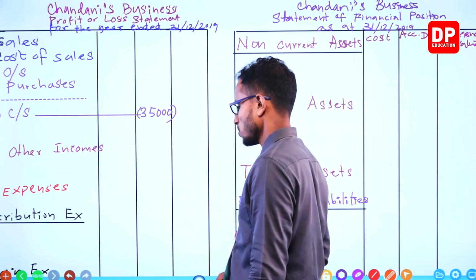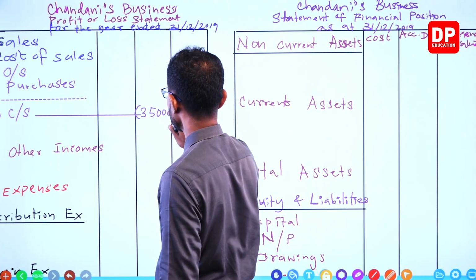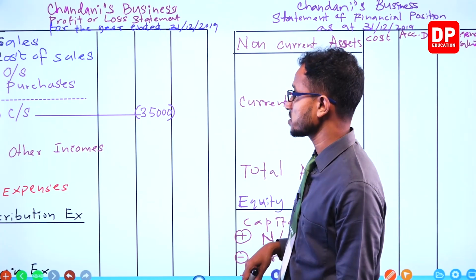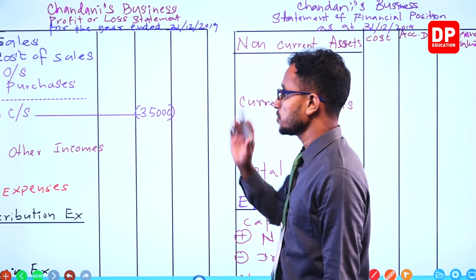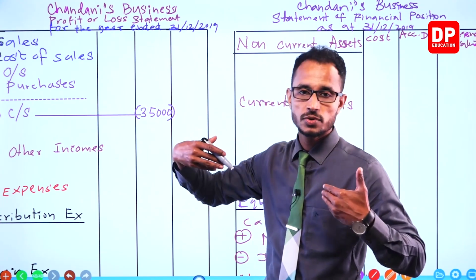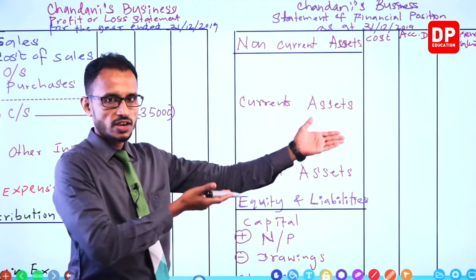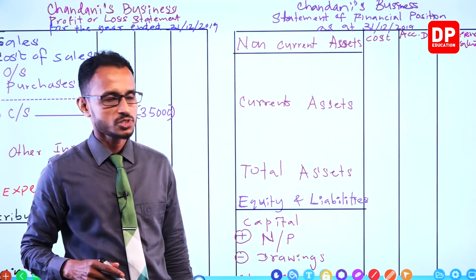It must be subtracted in the cost of sales calculation. Closing stock is subtracted. We have put it to the profit and loss, and now we have to put it to the statement of financial position.